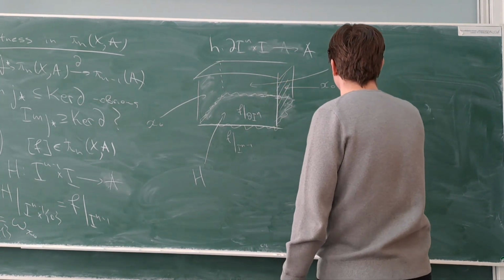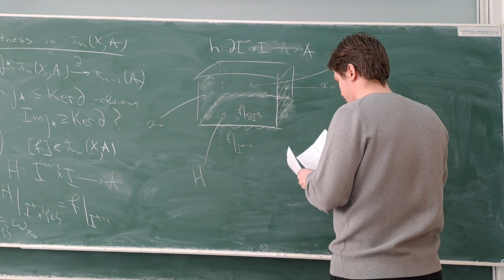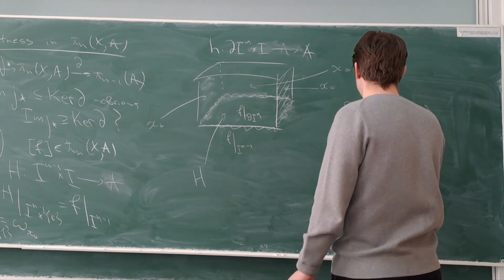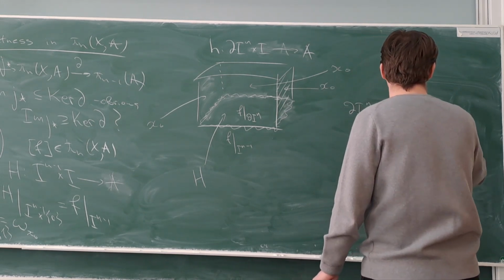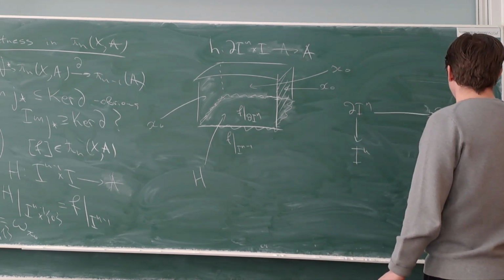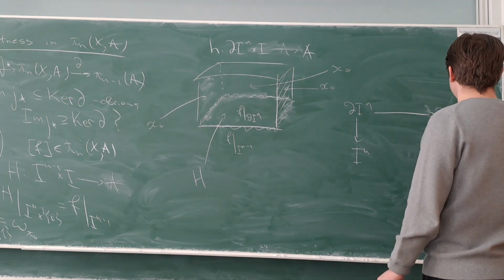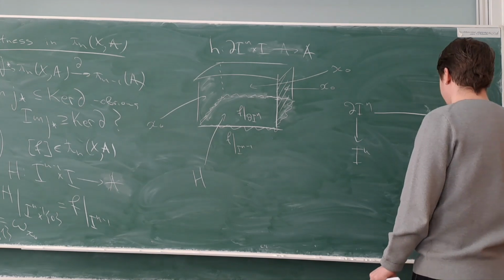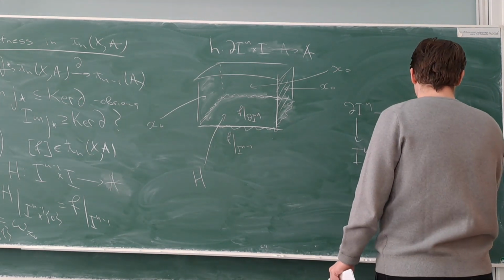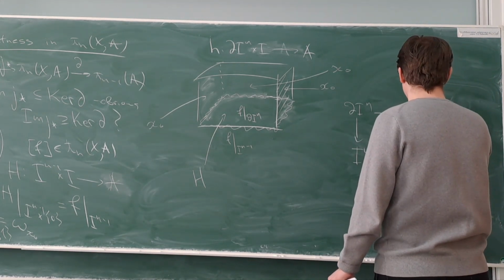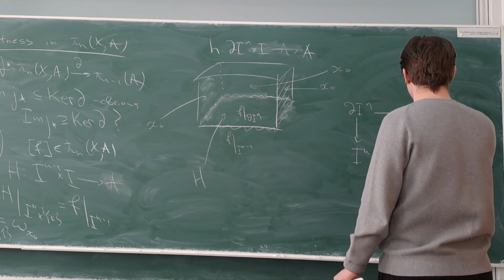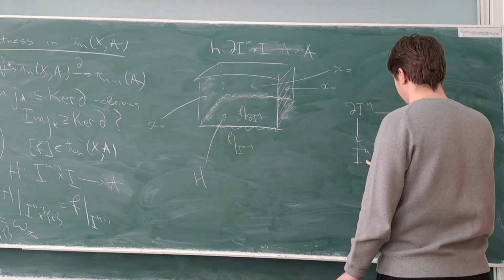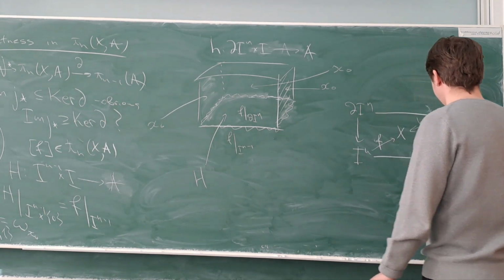Then I want to use the Borsuk theorem, which we already proved sometime. I want to draw the following diagram. Here I have my small h. Here I have my f.